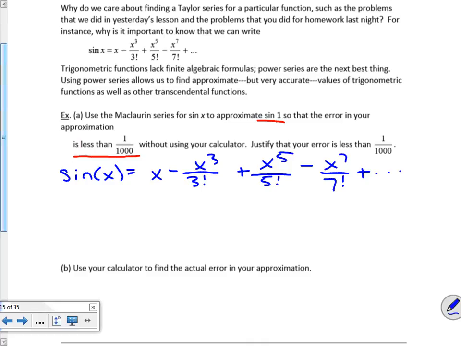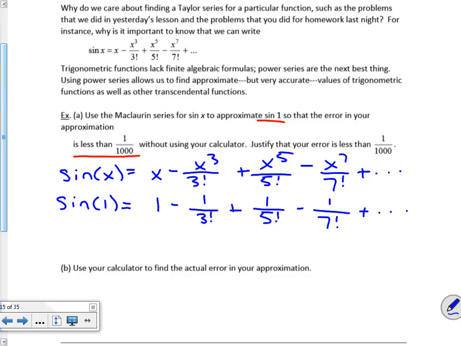Remember that power series are the sum of an infinite number of terms. Now, if I want to approximate sine of 1, I need to plug in 1 for x. So that's pretty easy. I plug in 1, and 1 cubed is 1 over 3 factorial, plus 1 to the 5th is 1 over 5 factorial, minus 1 over 7 factorial, and so on.